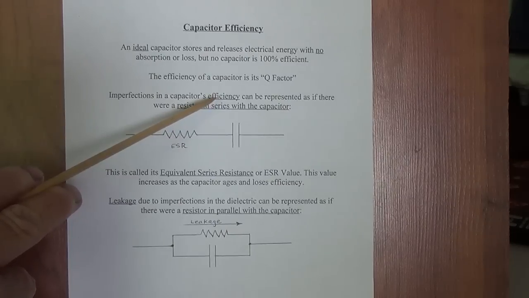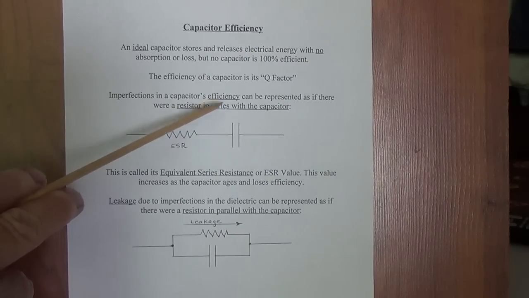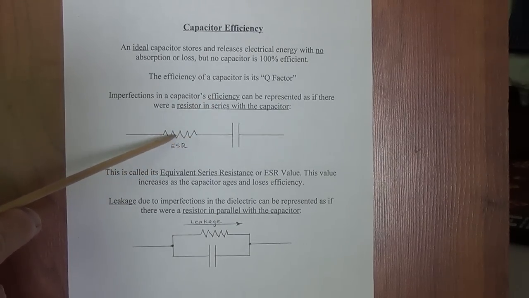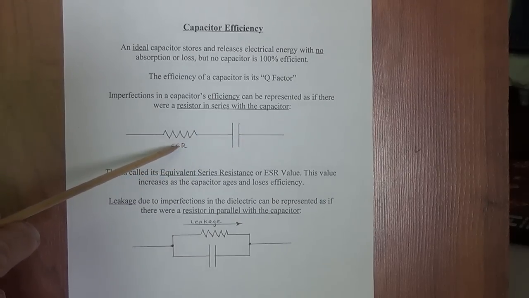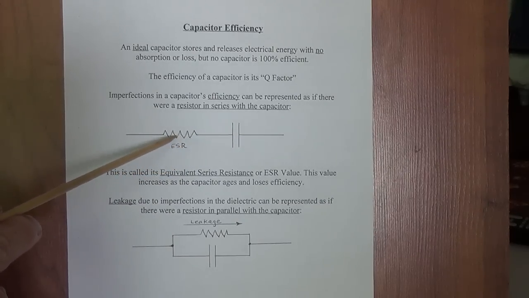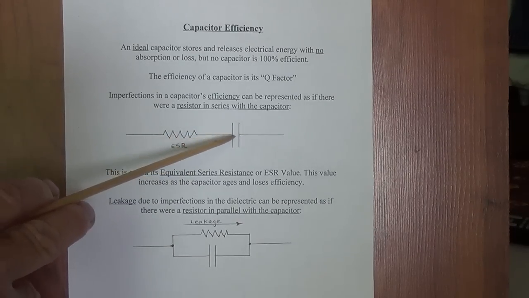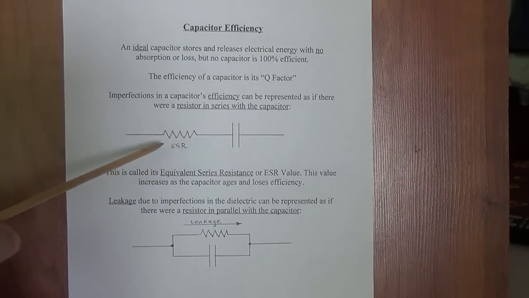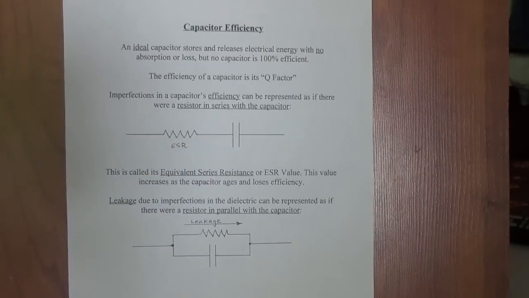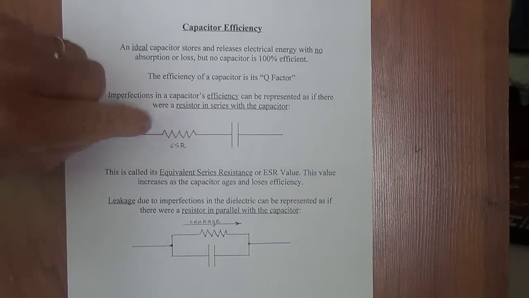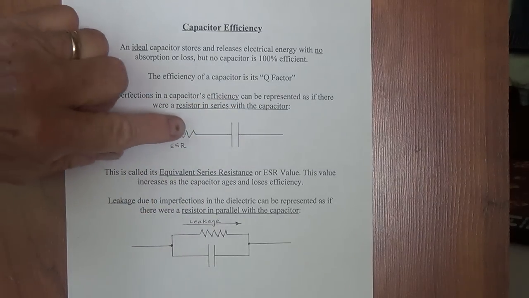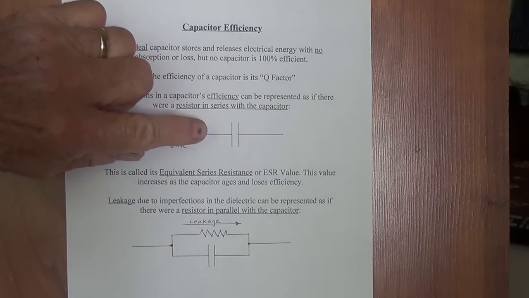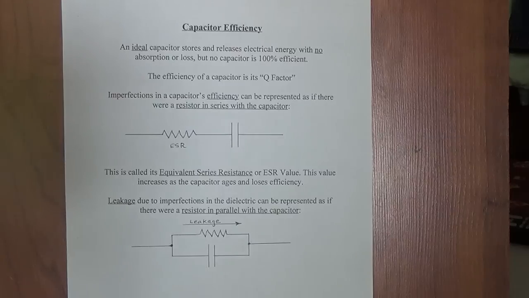or reduce its efficiency. Now, we can designate or diagram this type of imperfection by showing a resistor in series with the capacitor. In other words, if an ideal capacitor has no resistor here and it is 100% efficient, then every bit of voltage which is applied to one side will appear on the other.